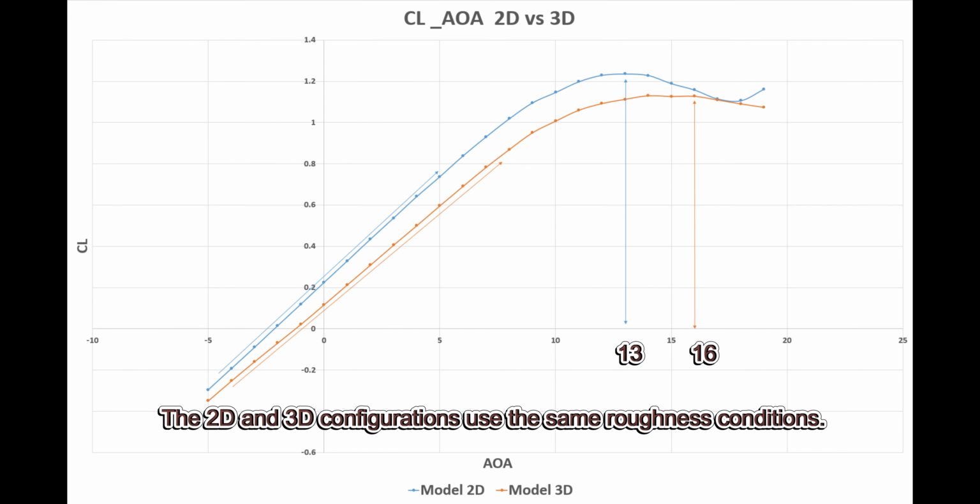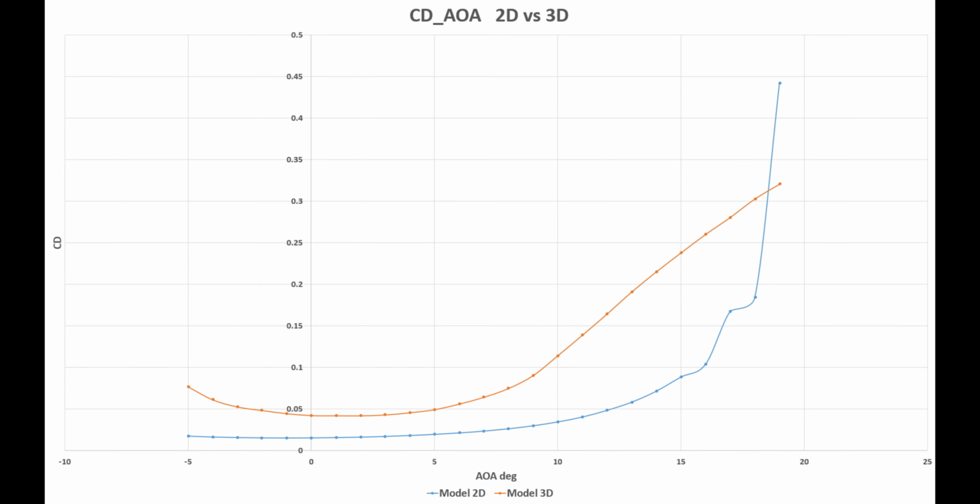Overall, this means the stall characteristics are significantly improved. In the CD results, the 3D model includes the induced drag that is absent in the 2D model, so the drag coefficients are higher at the corresponding angles of attack.